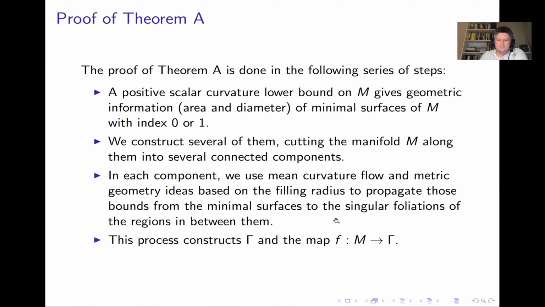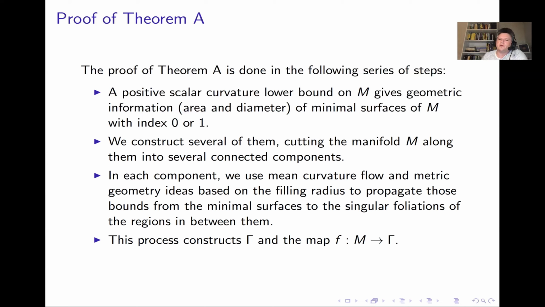Okay, so I'll finish this video for now, and in the next video I'll start talking about the proof. We're first going to talk about this decomposition, cutting up these surfaces, and then we'll discuss propagating area bounds first.